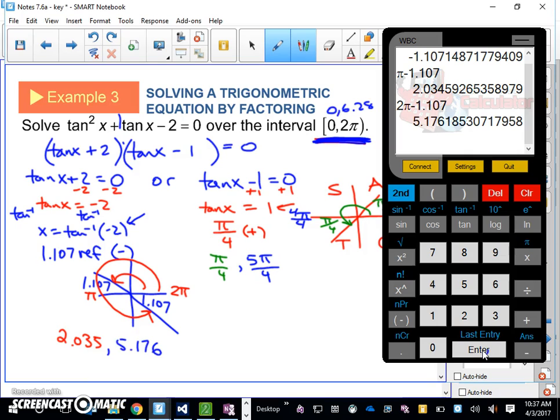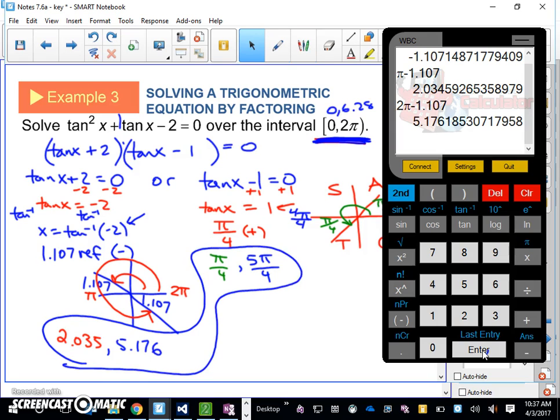So we have 4 answers here in that interval from 0 to 2 pi. And I don't know about you, but I'd much rather deal with the ones that have that pi over 4 in them than the ones with the decimals. The decimals kind of play with our brains and make it look kind of difficult. But you could have decimals, you could have pi over 4 stuff. As long as you're in radians, that's it.